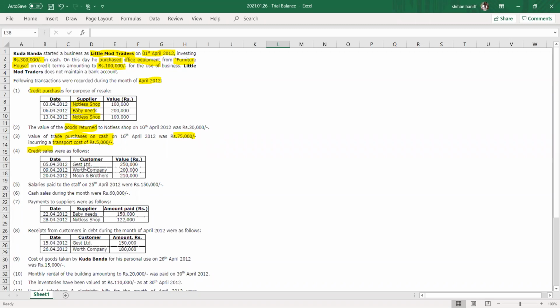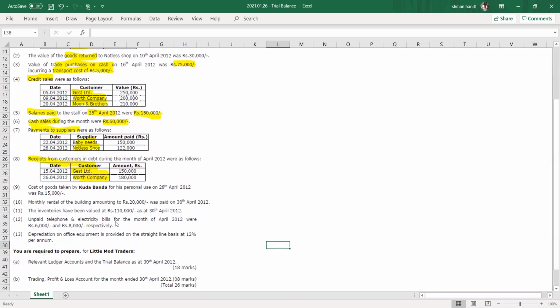Credit sales: S Limited, Worth Company, Moon and Brothers. Salaries paid to staff on 25th April, 150,000. Cash sales, 60,000. Payment to suppliers, Baby Needs and Nautilus Shop, 150 and 122. Receipt from customers, S Limited and Worth Company.